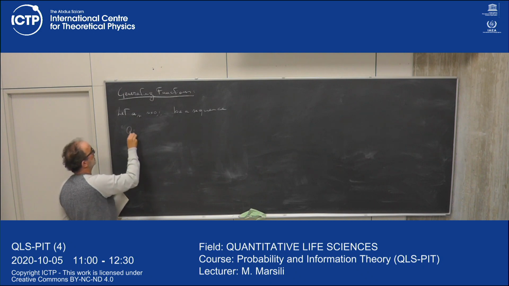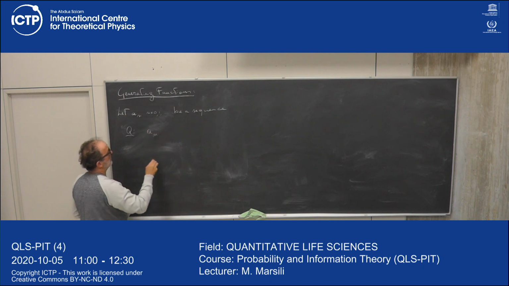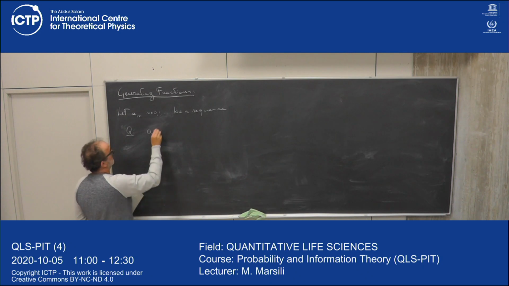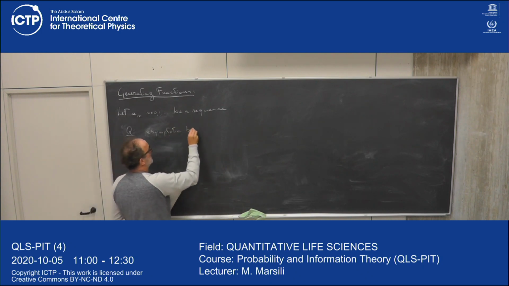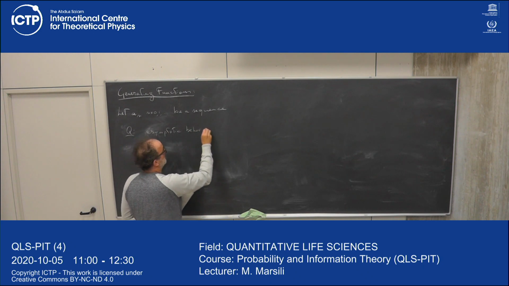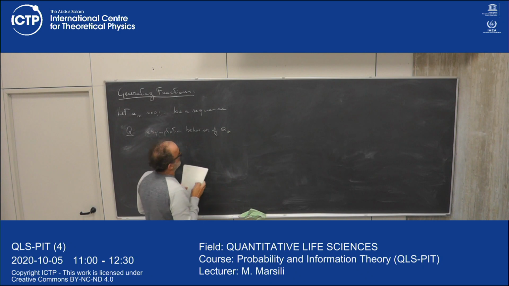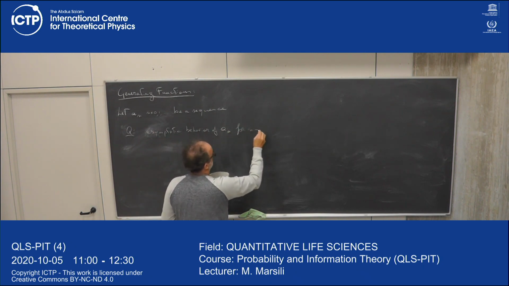So the question is how is a_n behaving asymptotically for n going to infinity.